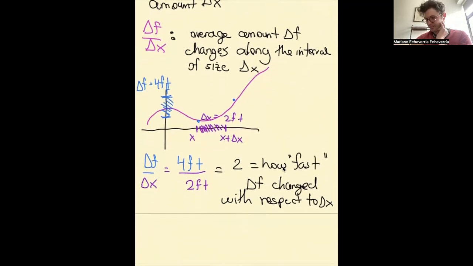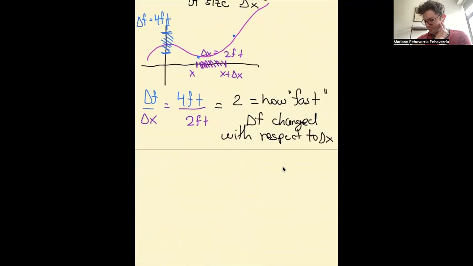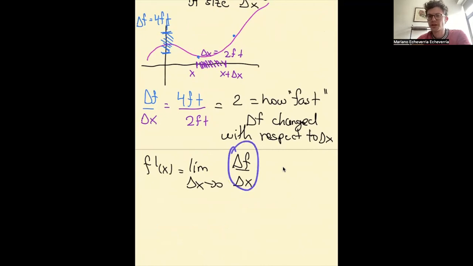So if you go back to the limit definition, each of these ratios is kind of like an average change or a rate of change. And so in the limit, you interpret this as an instantaneous rate of change of f with respect to x.